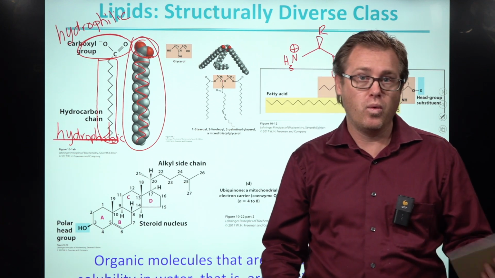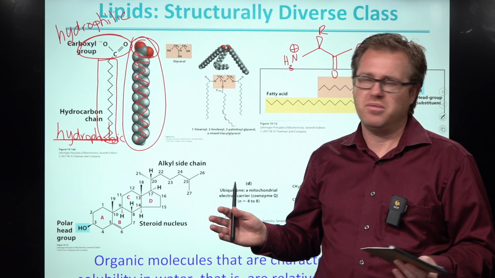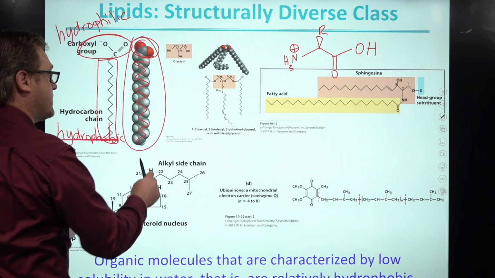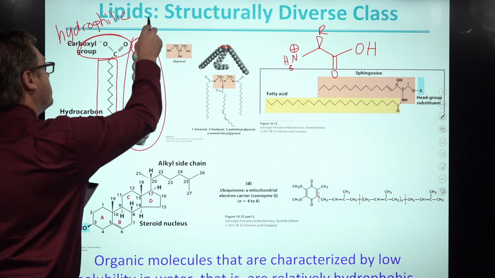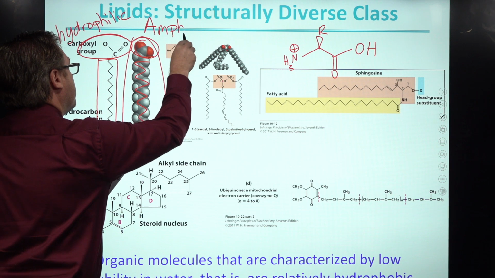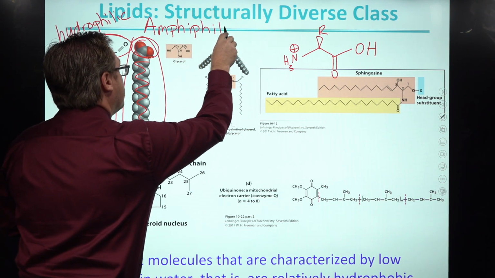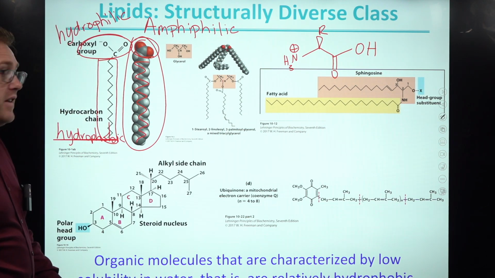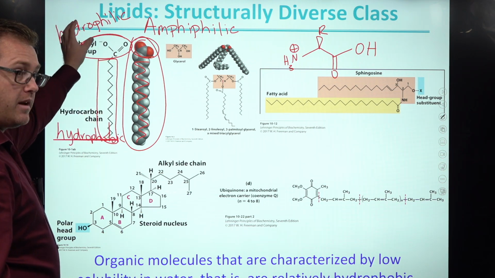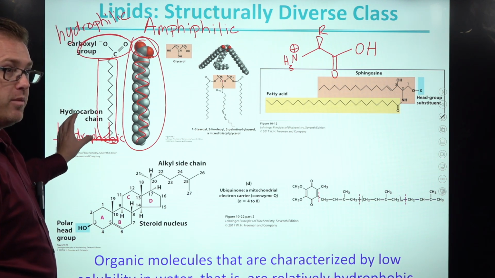And we have a word that describes that kind of structure, and you will see the word amphiphilic. Amphiphilic describes that: we have a hydrophilic part and a hydrophobic part.